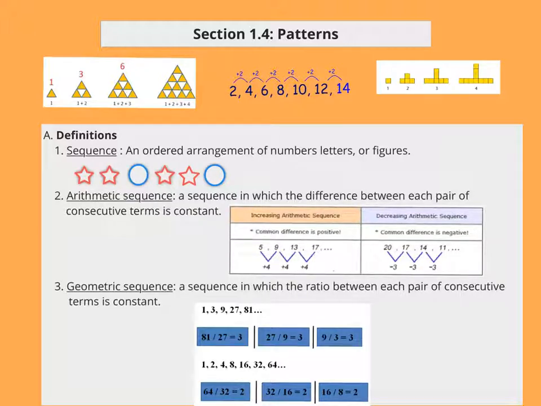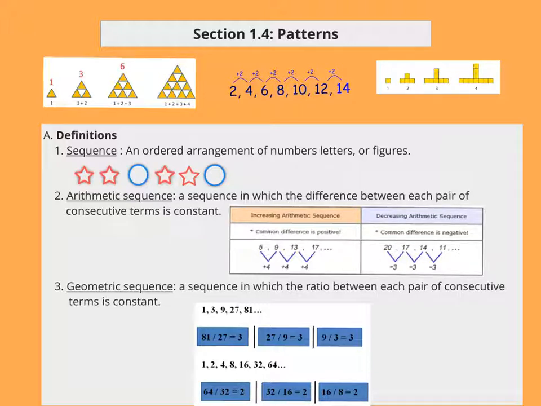So this here is an arithmetic sequence because we add 4 each time to get the next term. The next example, 20, 17, 14, 11, is also an arithmetic sequence. We're adding a -3, so it's going down by 3 each time. So sequences where we add or subtract the same amount to the number before it, or to get the next number, are called arithmetic sequences.